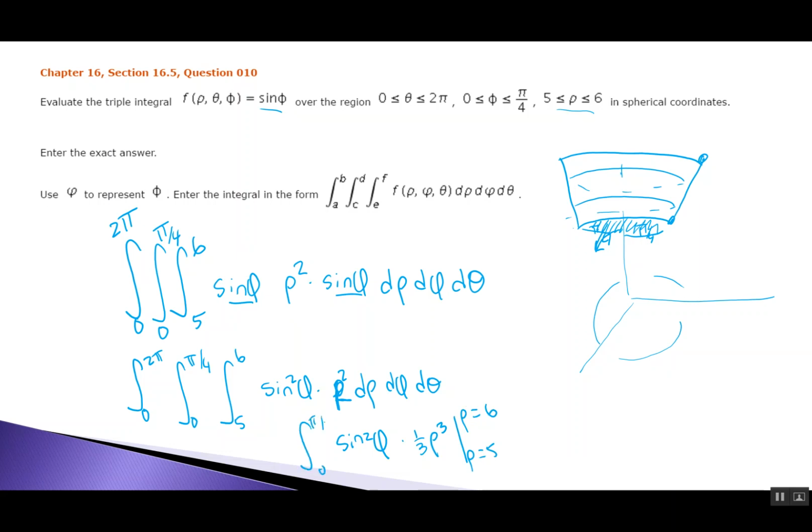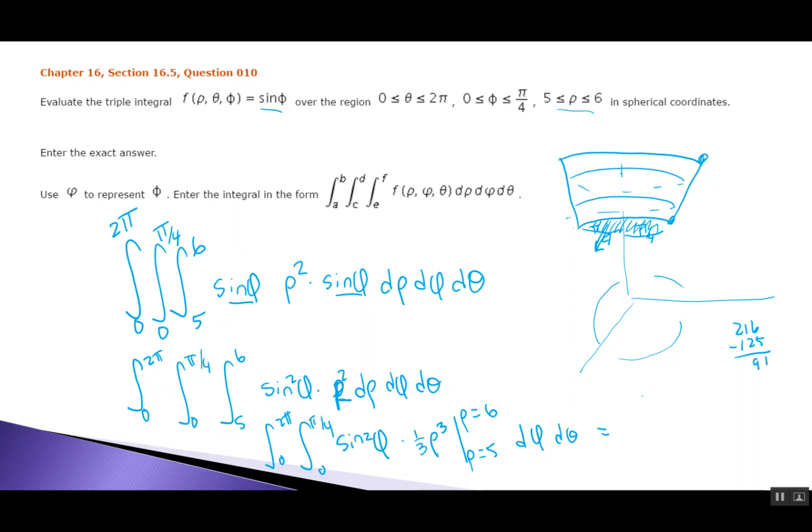Zero to pi over 4, 0 to 2 pi, d phi, d theta. So this is going to be 6 cubed is 216, 5 cubed is 125. 216 minus 125 is 91.